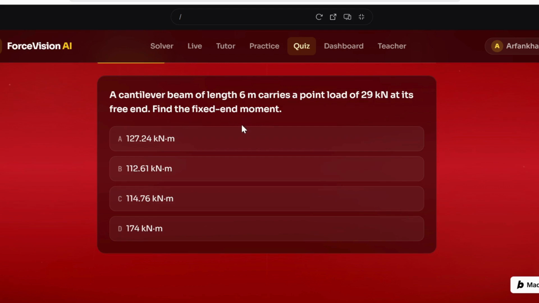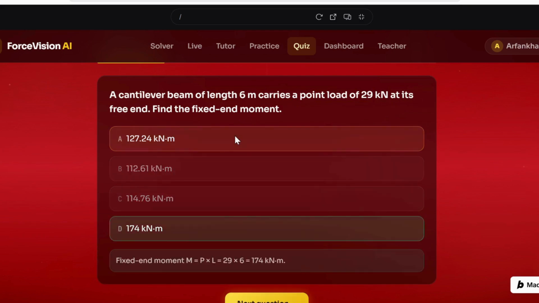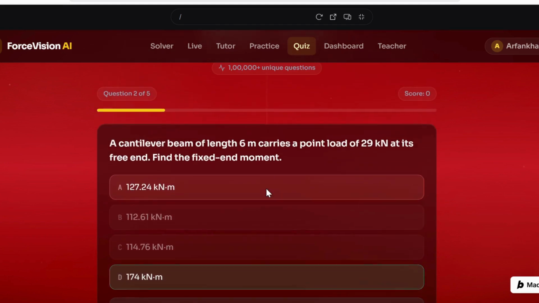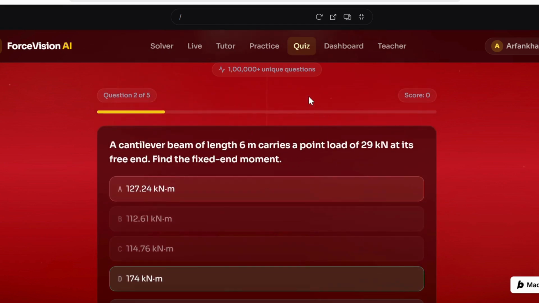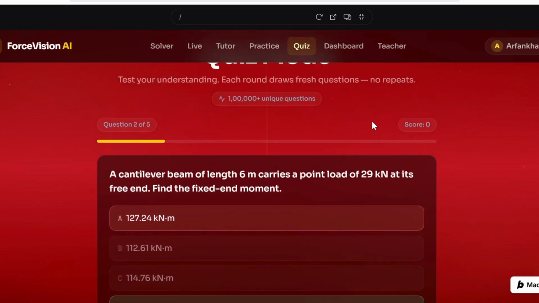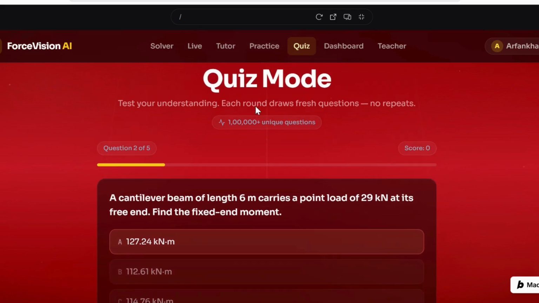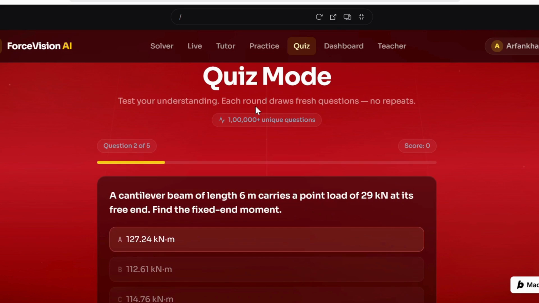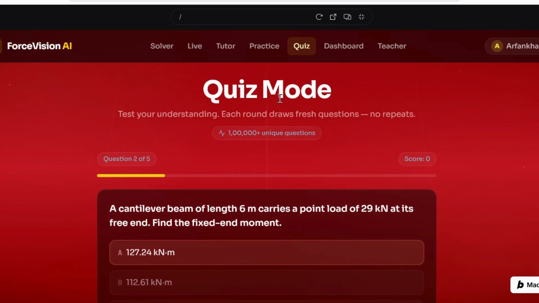Find the fixed end moment. So I'm going to give a random answer for it. The correct answer was 174 kN·m. As you can see, 1 lakh plus unique questions in the quiz were given in this. You can generate many questions in this quiz mode as well.